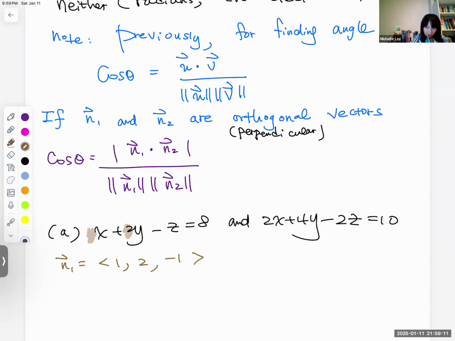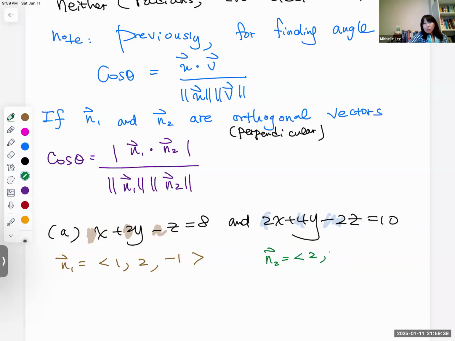The second one, n sub 2 equal to 2, 4, negative 2.